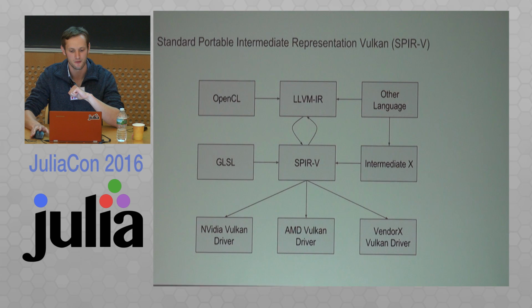Or if you're coming from a language that actually emits LLVM IR, it should be fairly straightforward to emit SPIR-V from that as well. So OpenCL goes this way from version 2.1, that it actually uses Clang to compile the kernels to LLVM IR and then emits SPIR-V from that. And this other language here, this might as well be Julia.